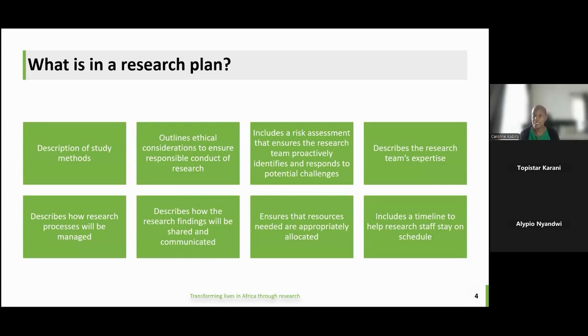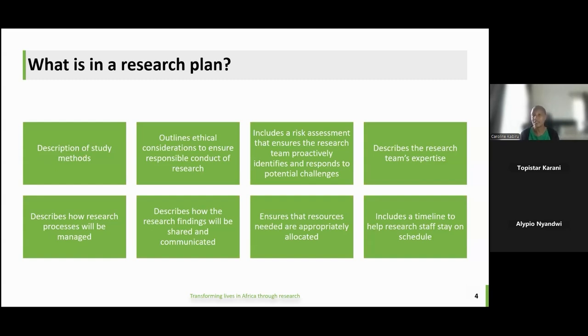It includes a risk assessment that ensures that the research team is proactively thinking about potential challenges and how they would respond to those challenges. So the mitigation plans. And I think that was one of the aspects that was highlighted in the slides that Alpio presented. And then it describes the research team's expertise.